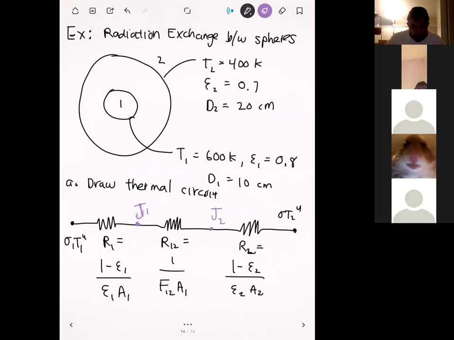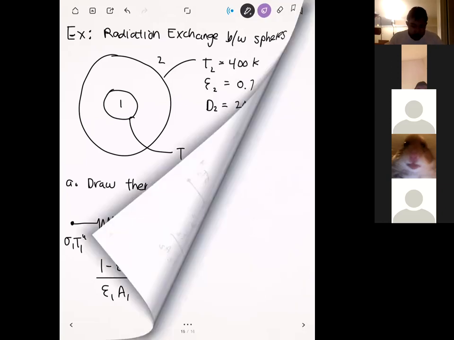All right. Any questions on this example so far? Okay. Let's go ahead and start solving for the radiosities.